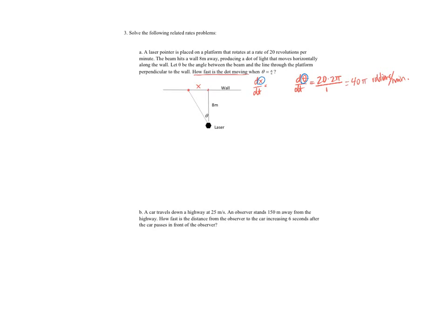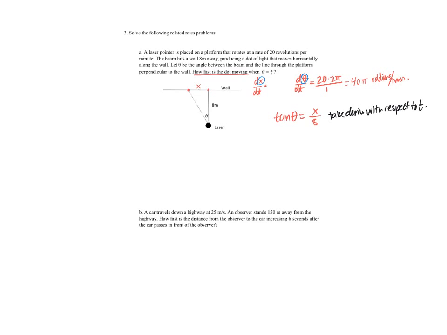And so I can see that tangent of theta is going to be x over 8. Now that I have that relationship between theta and x, I can take the derivative with respect to time.